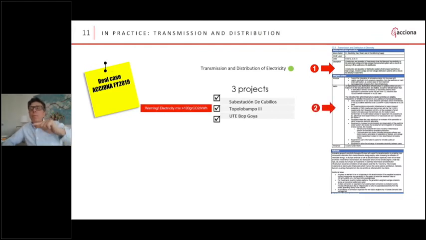But if we apply the second criterion, the threshold, we discover the warning: the electricity mix that we need to transmit or distribute should be below 100 grams of CO2 per kilowatt hour. And we have a problem. Topolobampo 3 is not aligned, because the electrical mix of Mexico is above this figure.